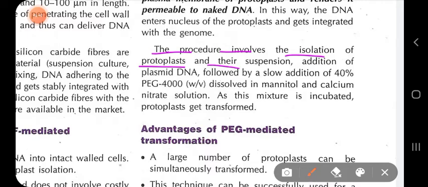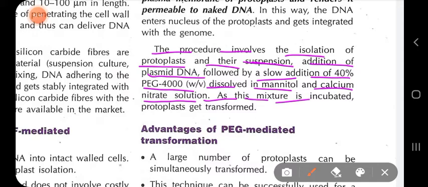And we use a suspension culture here. Liquid culture is there. Then addition of the plasmid DNA, where we have our desirable DNA, followed by slow addition of 40% polyethylene glycol 4000, dissolved in mannitol. Mannitol is used for maintaining the osmolarity, along with calcium nitrate solution. As this mixture is incubated, the protoplast get transformed with your target DNA.